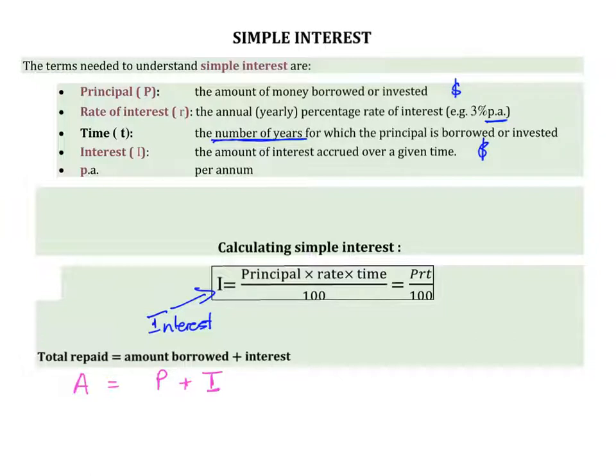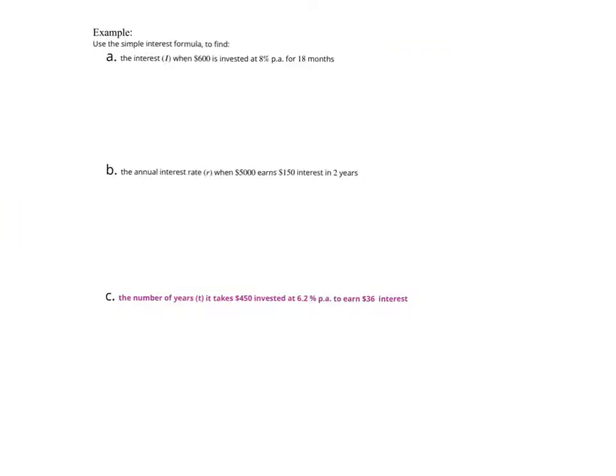Let's have a look at some examples. So with these examples, let's write down all of the information that we've got to start off with. In part A, we are asked to find the interest. So I is what you are looking for. When $600 is invested, so we're starting with $600, that must be our principal, and at a rate of 8%.